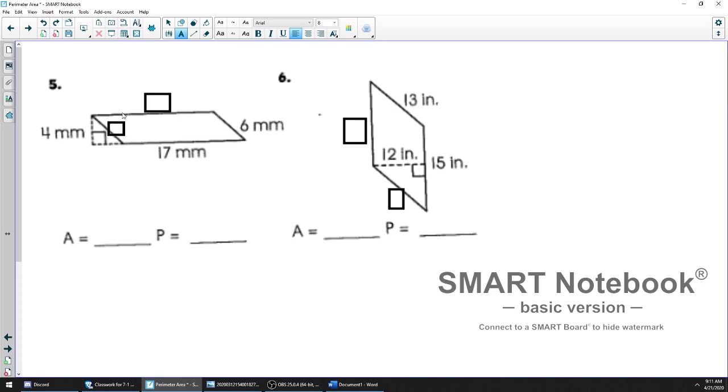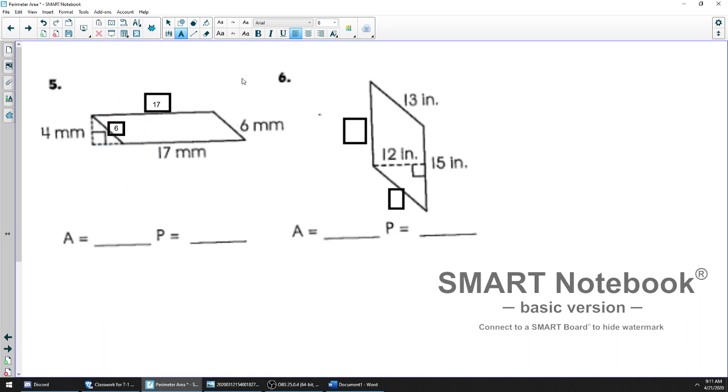So remember, this slant, what number should it be? If you said 6, you're correct. The opposite sides are the same. So I'm going to put 6 in here. And what would be the top? The same length as the top. If you said 17, you are correct. Now I have all this information.